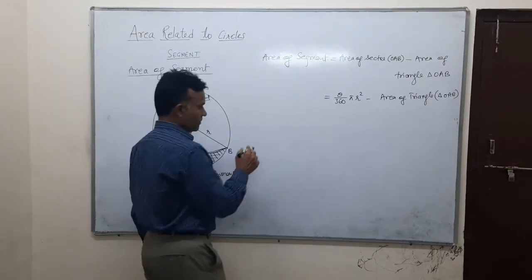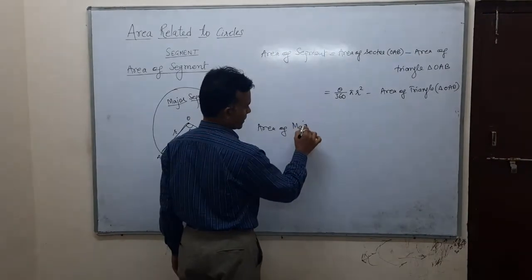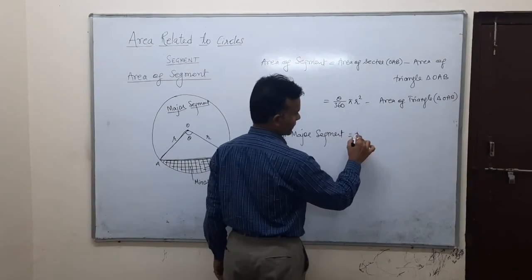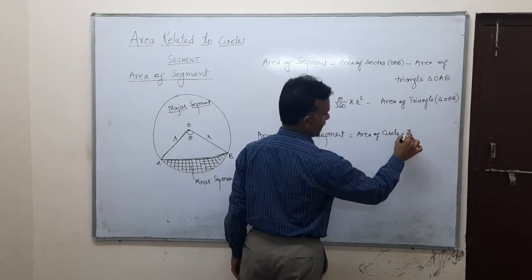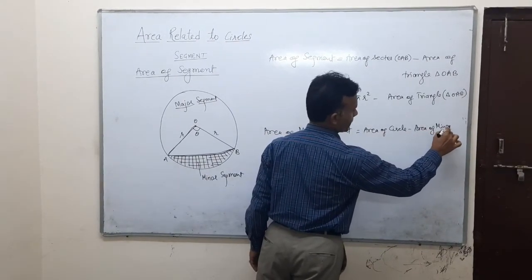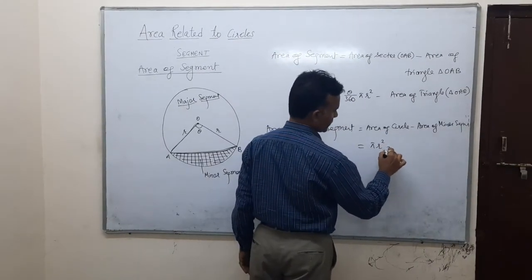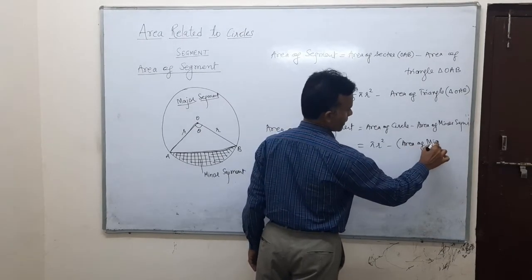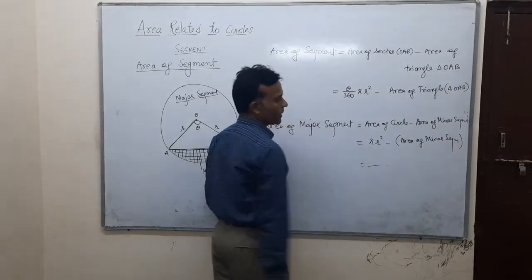The area of the major segment is equal to the area of the whole circle, pi r square, minus the area of the minor segment. You calculate it here and then write down the measure.